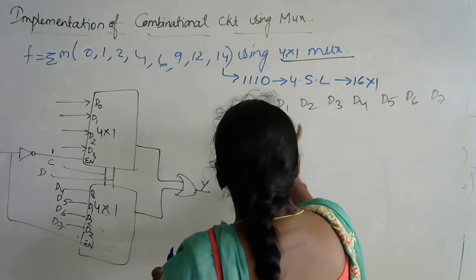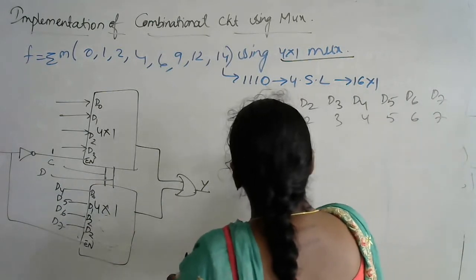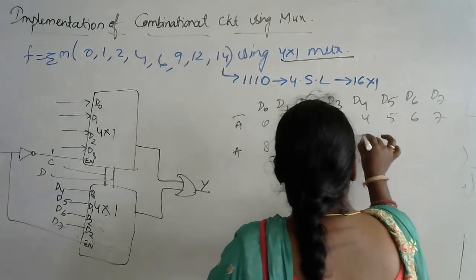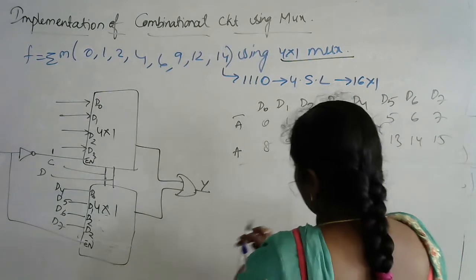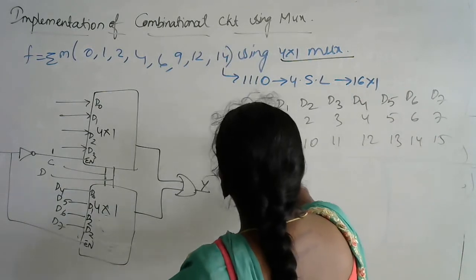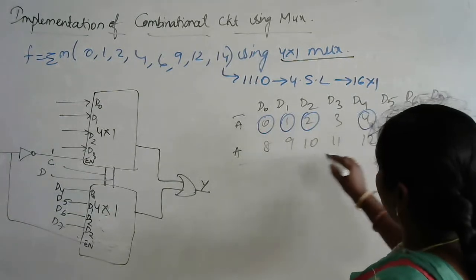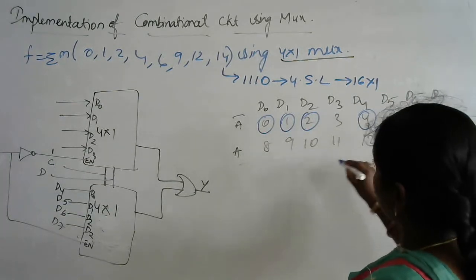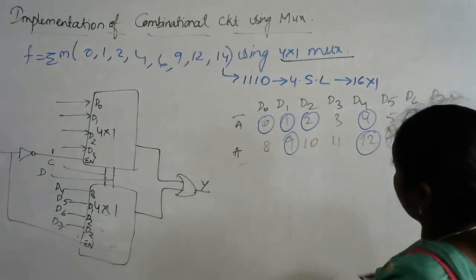And write down the numbers 0 to 15. Next, circle the numbers which are there in the given question: 0, 1, 2, 4, 6, 9, 12, 14.